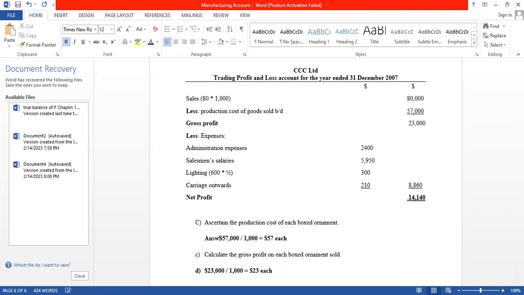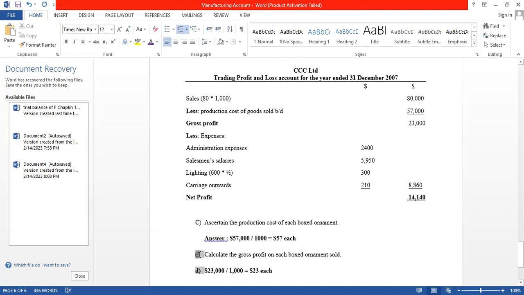That's the answer for C. $57,000, which is this figure here, which is the production cost of goods sold, divided by 1,000. So 1,000 is for the ornaments. So let me remove this comma from here. We're dividing 57,000 by 1,000, and we are left with $57 each. That's the cost of production for each boxed ornament.